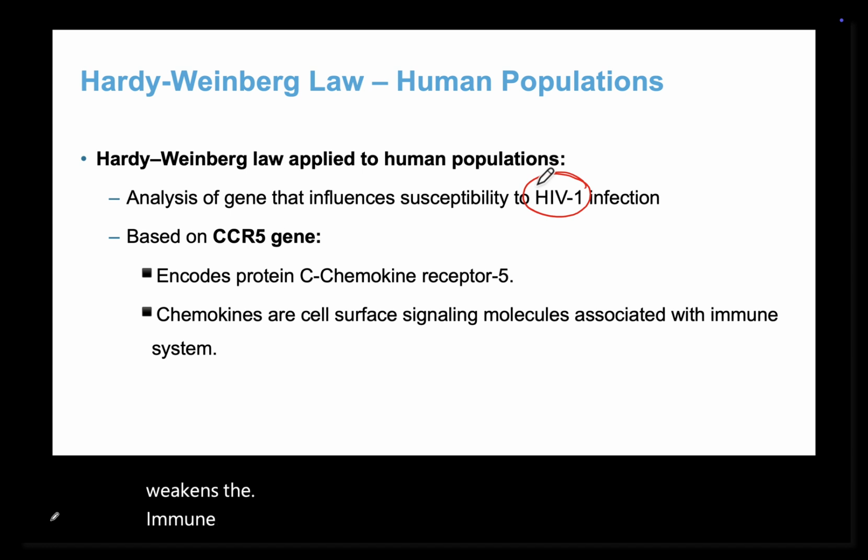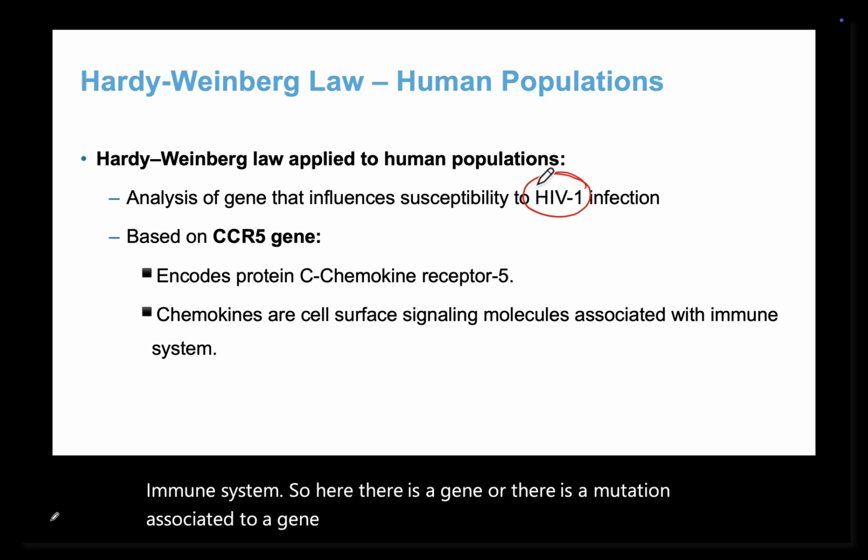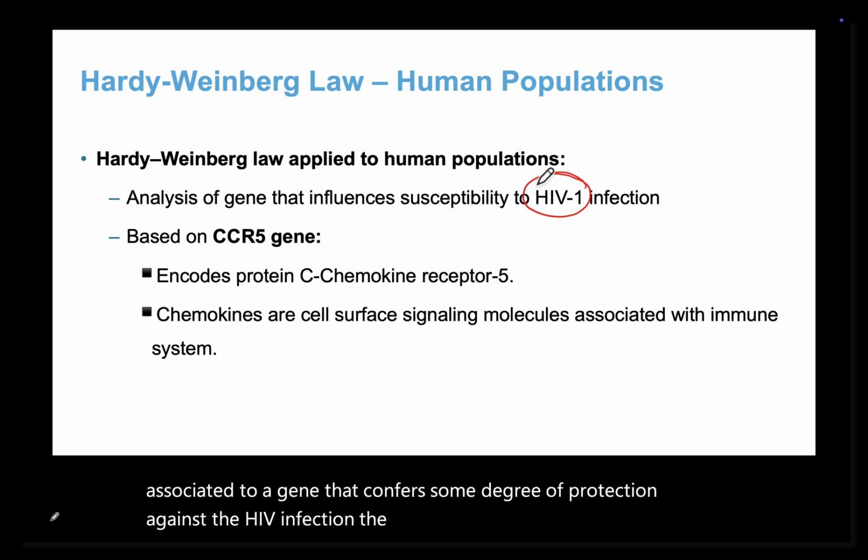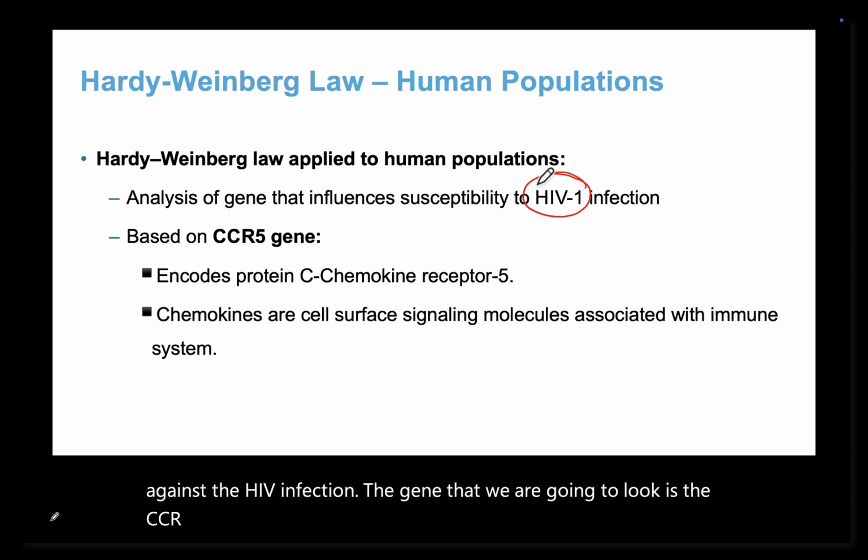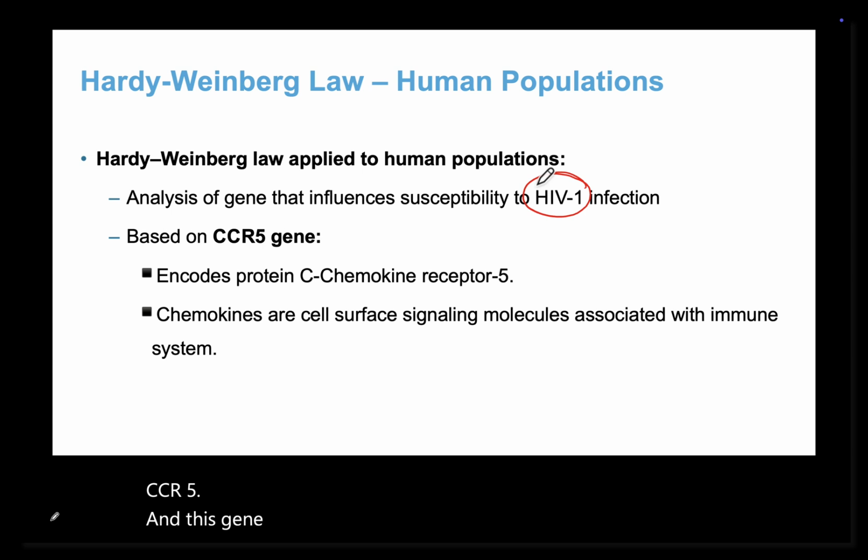So here, there is a gene, or a mutation associated with a gene, that confers some degree of protection against HIV infection. The gene that we are going to look at is CCR5. And this gene, CCR5, encodes, or gives rise to, the protein C-C chemokine receptor 5.